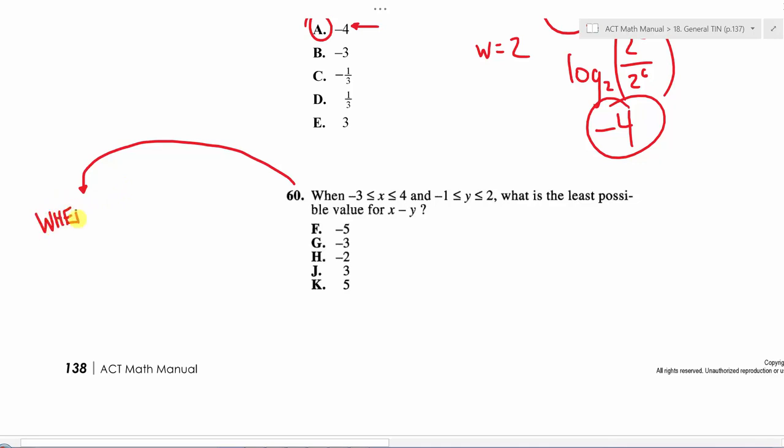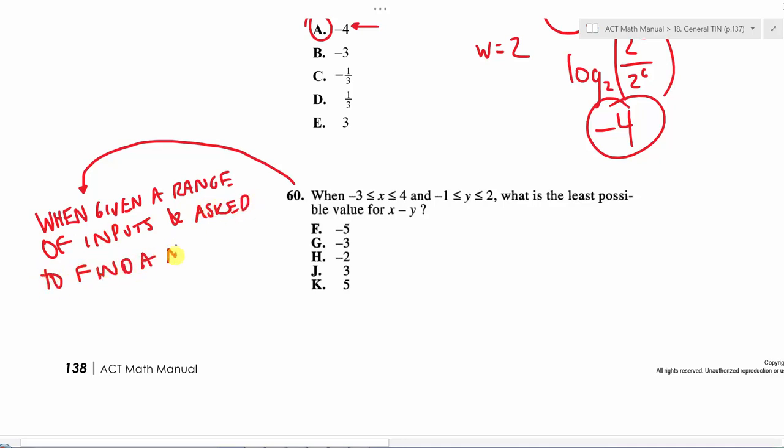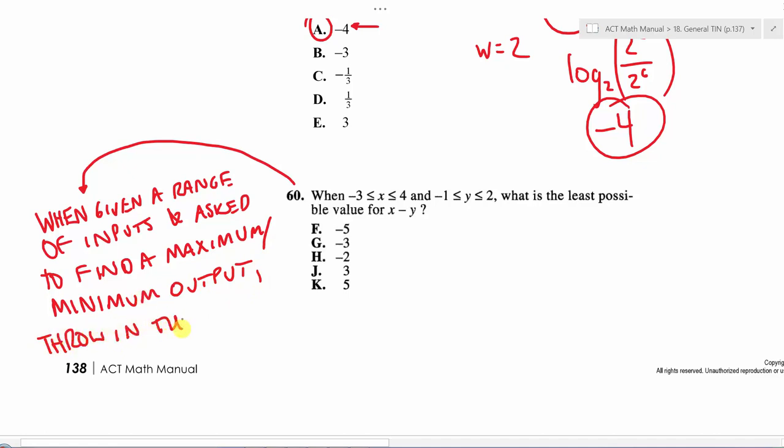When given a range of inputs and asked to find a maximum or minimum output, we're going to write down: throw in the boundaries of the input ranges. So go ahead and get that written down.